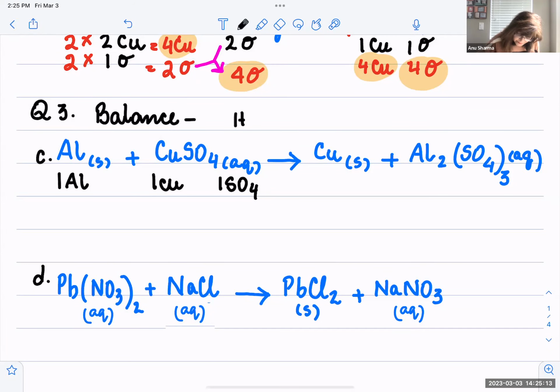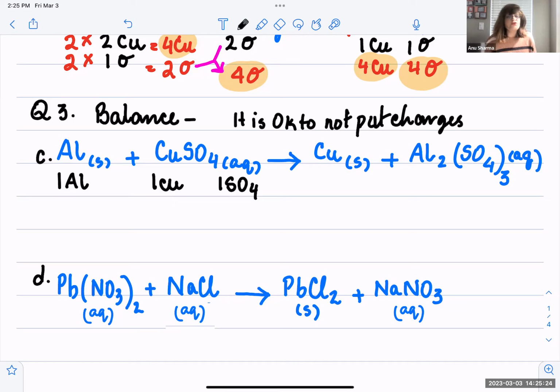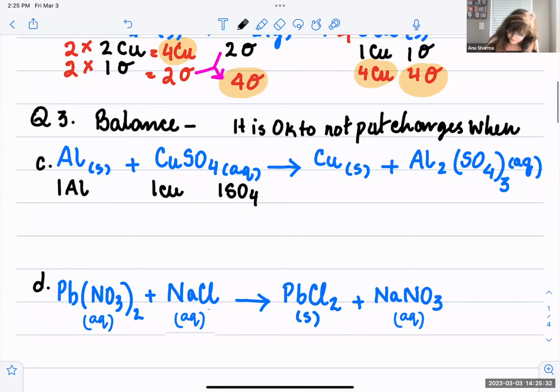It is okay to not put charges while balancing, because sometimes students get confused. Although you should, in the beginning when you're just starting, it's okay to not put charges when balancing.